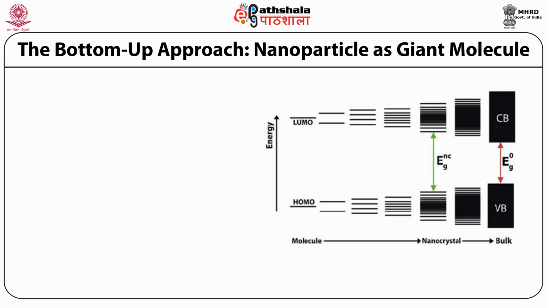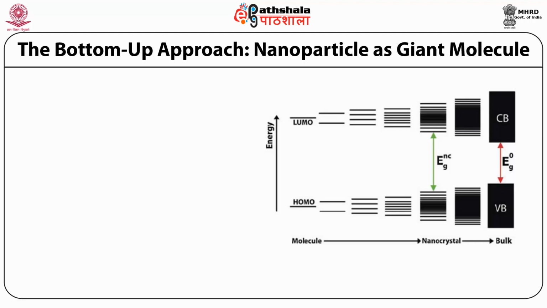Similar to a large number of molecules, as the number of atoms increases in a nanoparticle, the number of atomic orbitals increases, leading to a decreasing HOMO-LUMO energy gap or band gap in the nanoparticle. Generally, the density of molecular orbitals is maximum at intermediate energy due to the Gaussian distribution of the density of states.